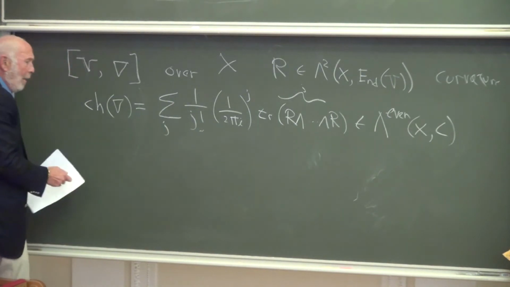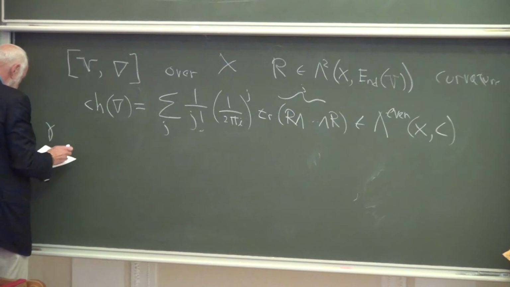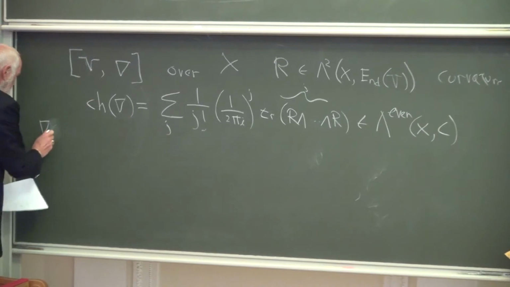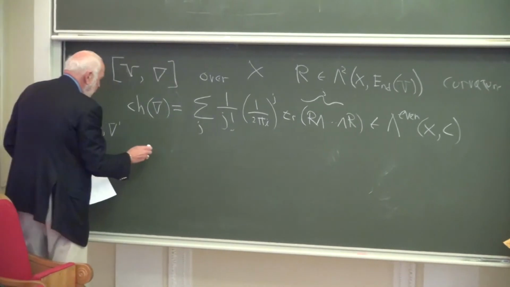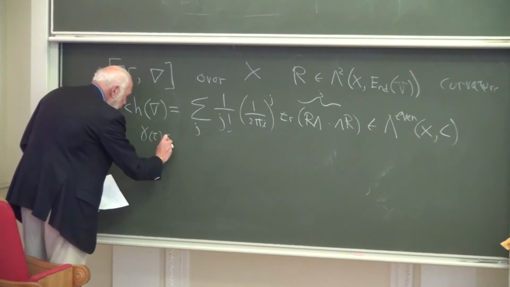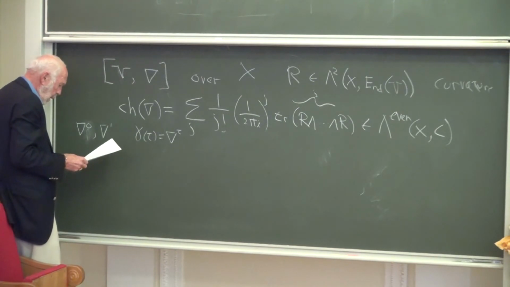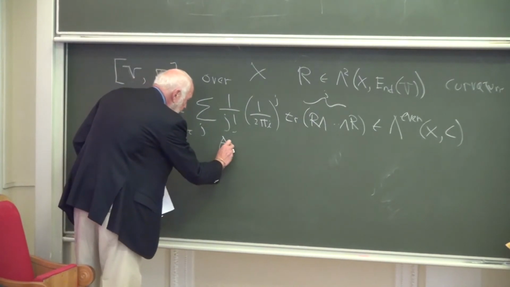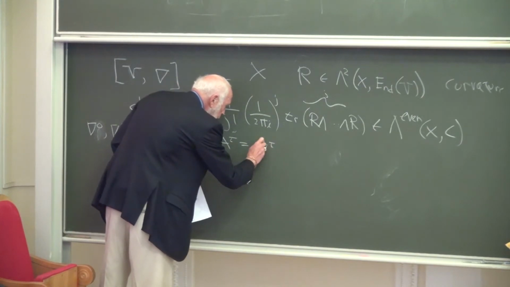And now, if I have a closed curve, a curve of connections, well, suppose I have two connections. So I have delta 0 and delta 1, and a curve connecting them, gamma of t equals, let's say, delta up a t. I can say that A up a t equals delta t prime.